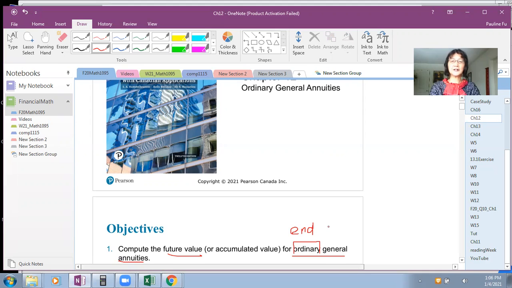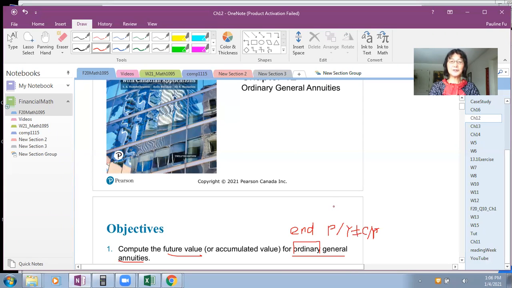General means the number of payments per year, PY, is not equal to the number of compounding periods per year, CY. For example, you make a payment every month and interest is compounded semi-annually.